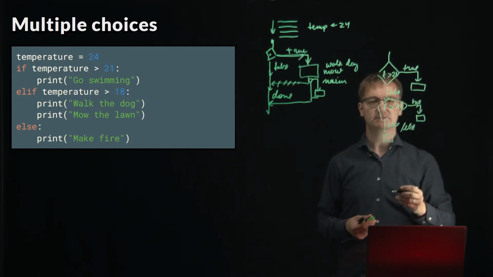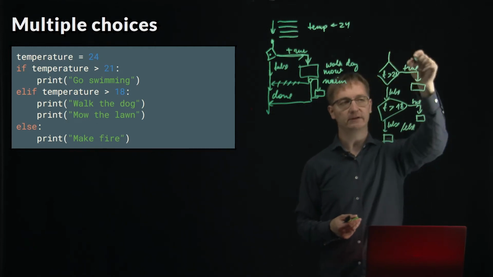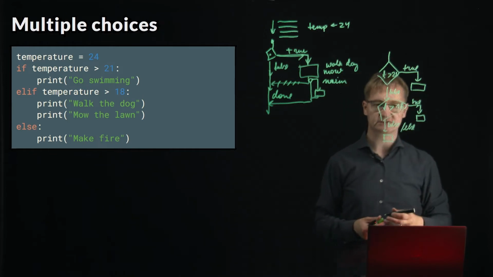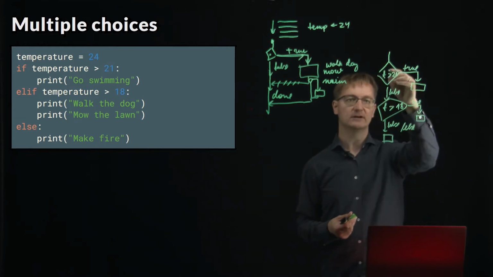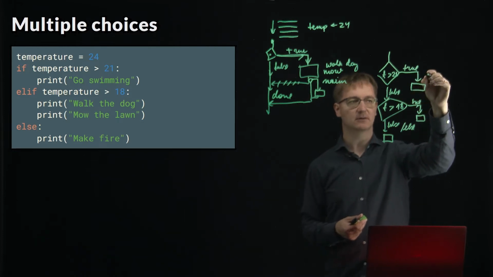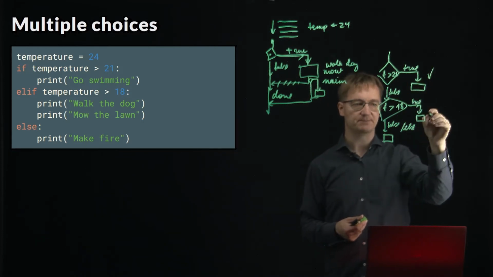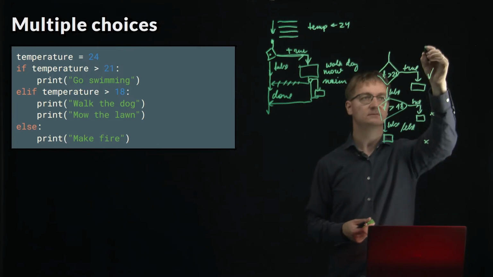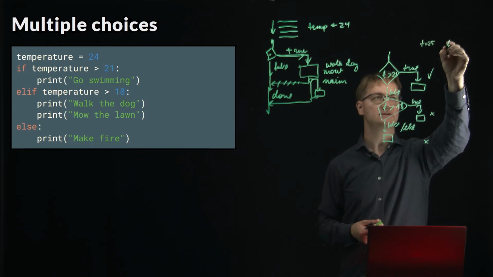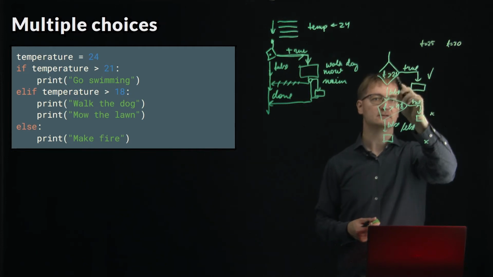What happens is that only one branch of these multiple choices can be executed. So if the temperature is 25 degrees, for example, then we come here and we just skip all those parts. If the temperature is, let's say, 20, then this one is false.